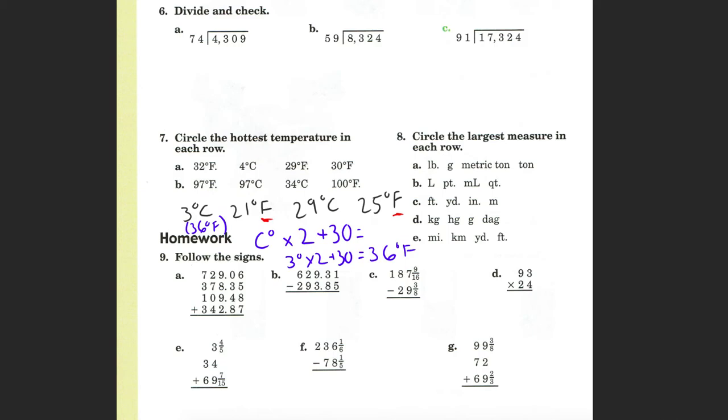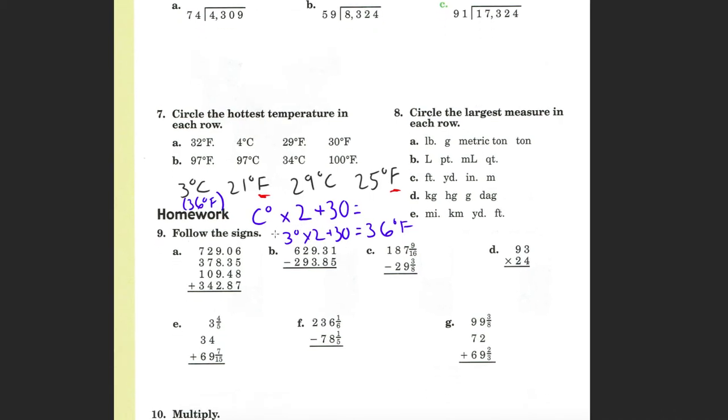So change them all to Fahrenheit. Same thing with this one. 29 degrees Celsius, change that to Fahrenheit. I would need 29 times 2 plus 30. 29 times 2 is about 58, plus 30 would be 88, so that's 88 degrees Fahrenheit.